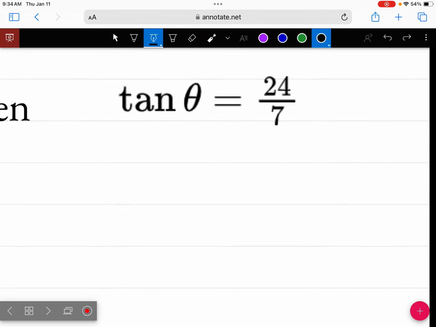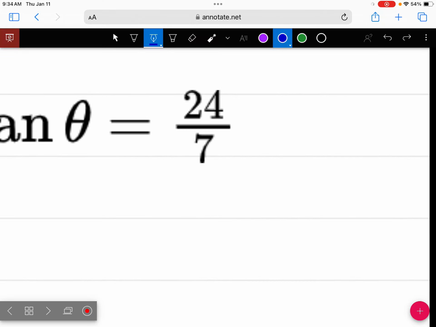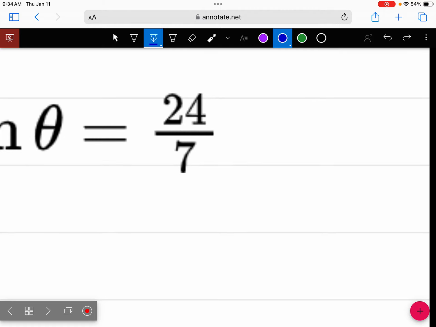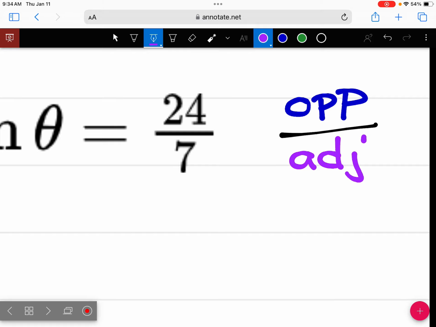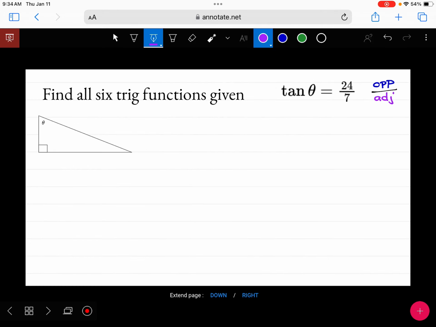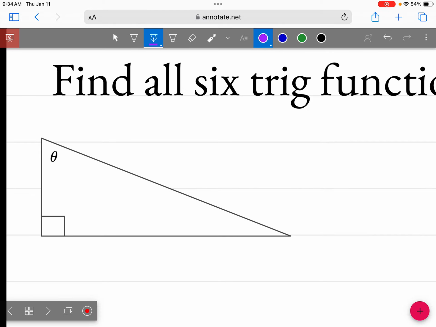But we're going to fill in our values just like we did on the last one. We're going to remember that tangent, when we define that, that's our opposite over adjacent. So when we're looking at our triangle sketch, whichever angle we've picked, our adjacent side is the 7, and our opposite side is that 24.